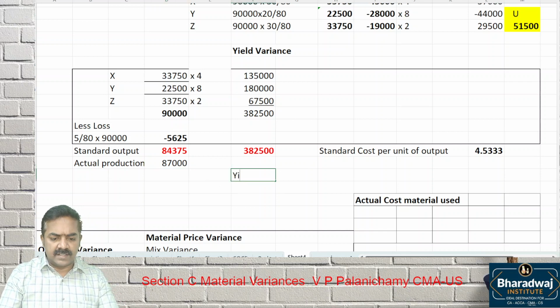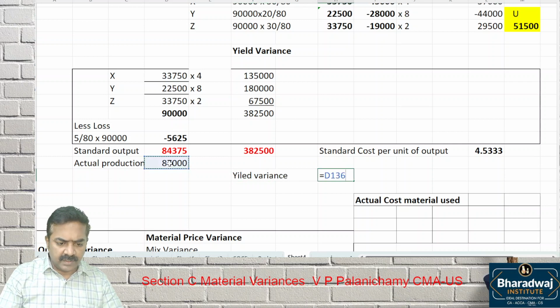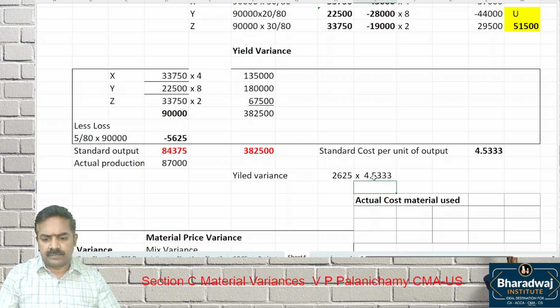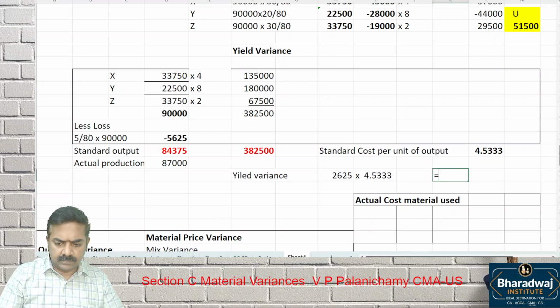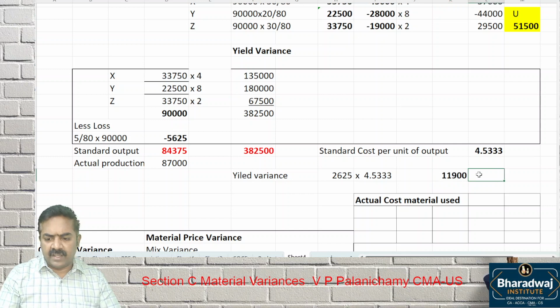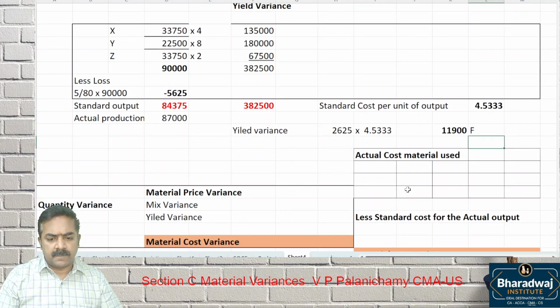So yield variance is the difference between these two into this cost. $11,500, we got more yield. It is called as what? Favorable variance.